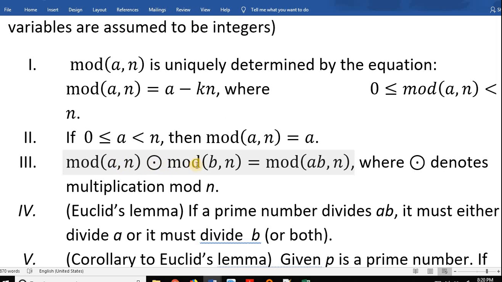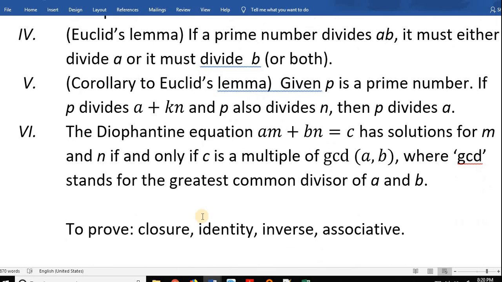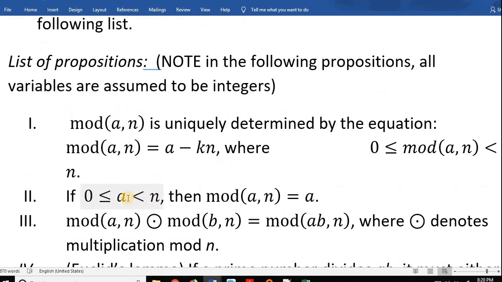There's a mod A n and a mod B n. So how can I apply this proposition to A and B? Well, look at the proposition right above. Here it says that if A is between 0 and n, then A mod n equals A. So bingo. I know if A is in U(n), then it's between 0 and n. So I can replace A with A mod n, and then I can apply this down here.